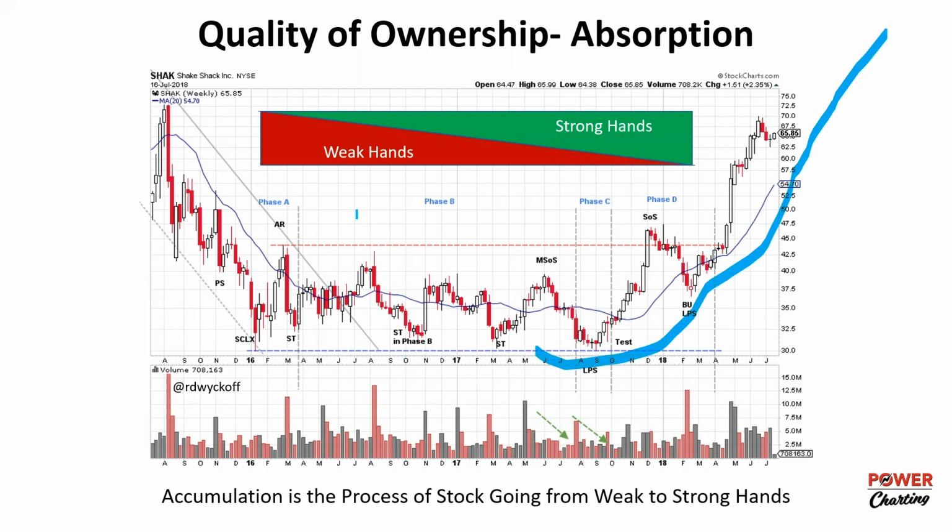Here is an example. This is SHAK back in 2018. You can see here that the stock is going from weak hands to strong as the public and weaker institutions are jettisoning the stock, getting out of it, and then the CO wraps up or absorbs all the supply. Remember, this is a supply-demand relationship.